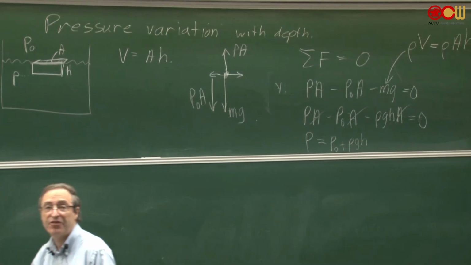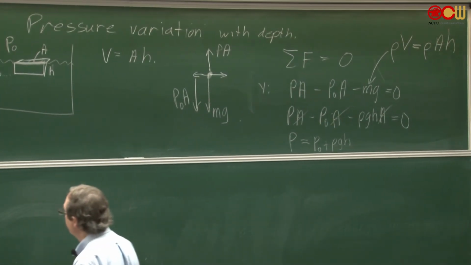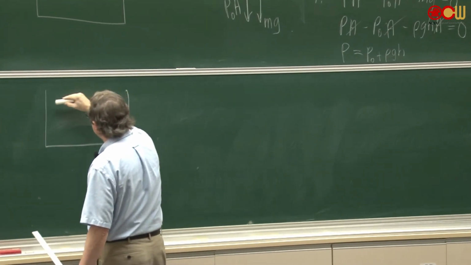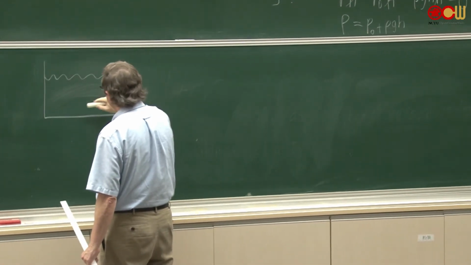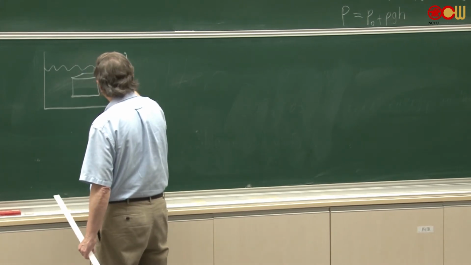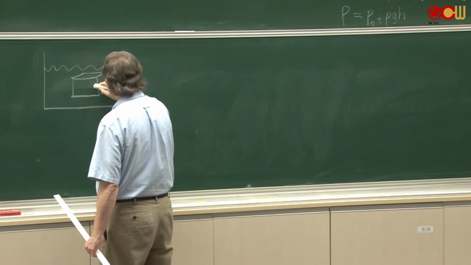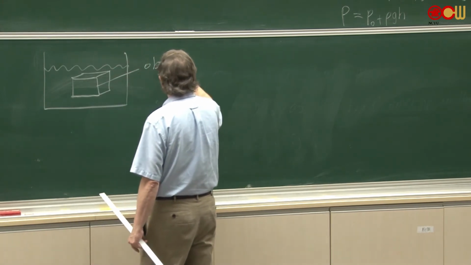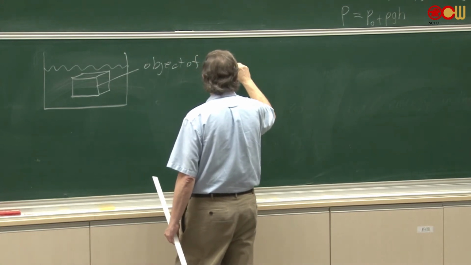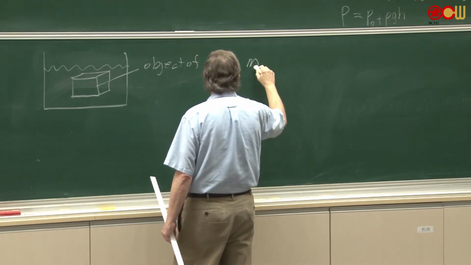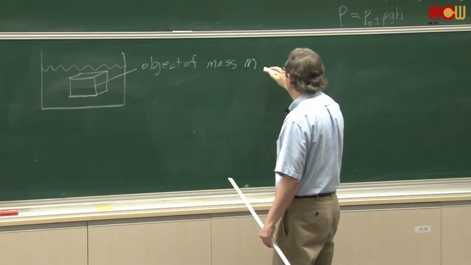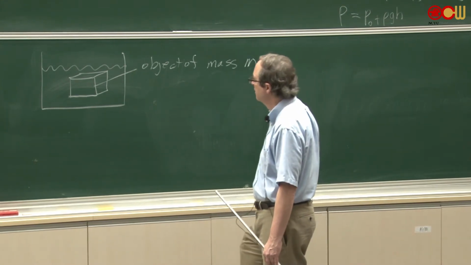Now we could do the same thing if we stick an object in here. So let's stick an object there. This is an object of mass m. It's not the water, it's not the fluid. Maybe I'll make it m0, object.